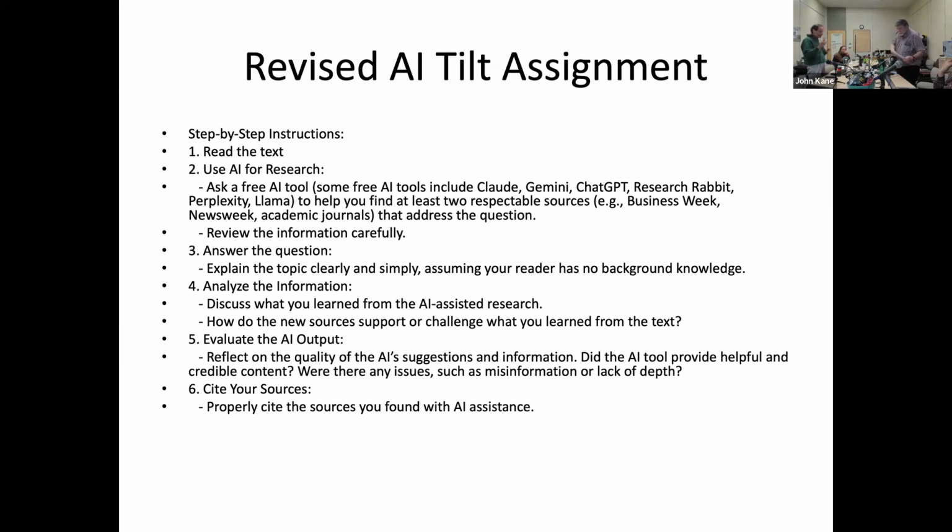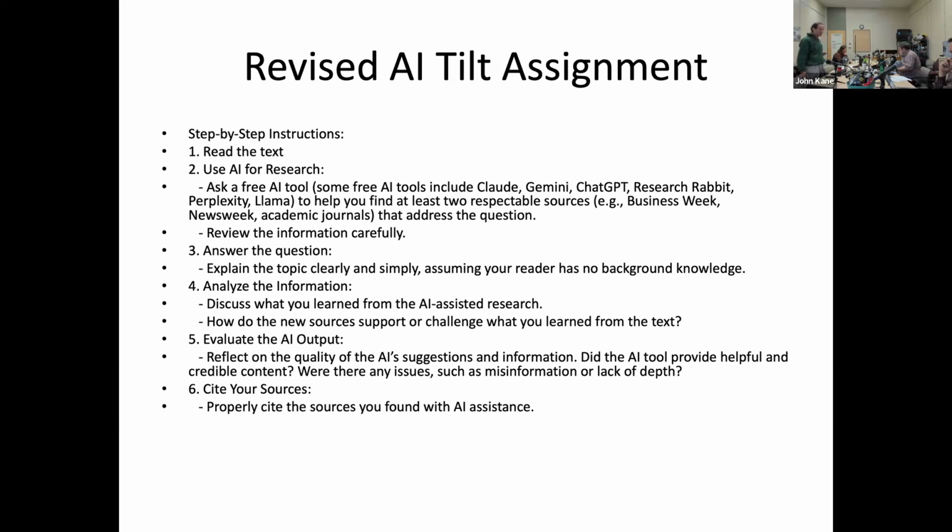We all know how important AI is becoming in the world. So in addition, I would require them to interact with AI, and this would have the additional benefit of getting them to become literate with AI, to know how to use it.